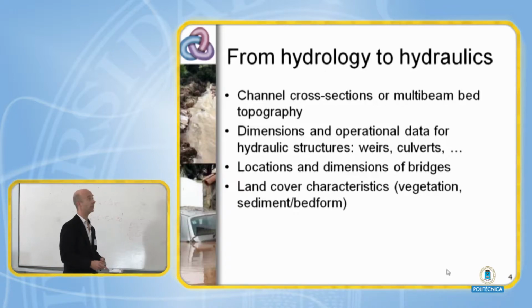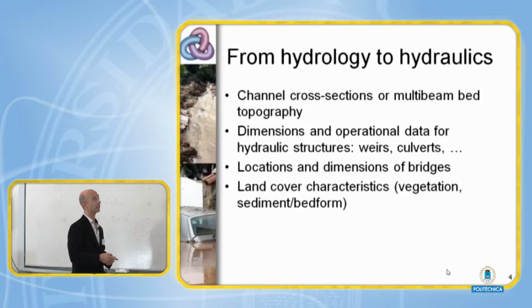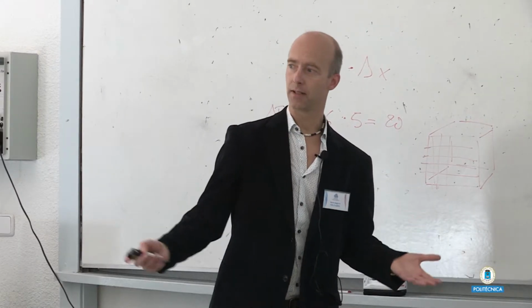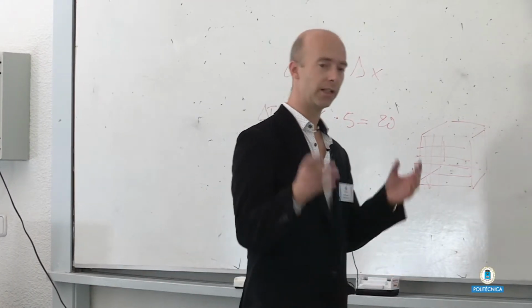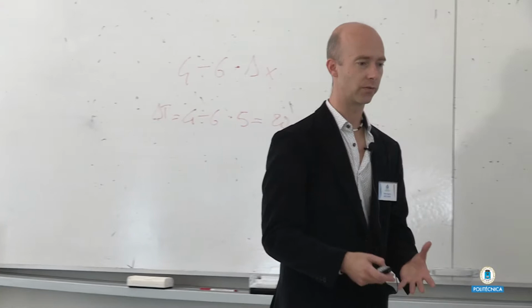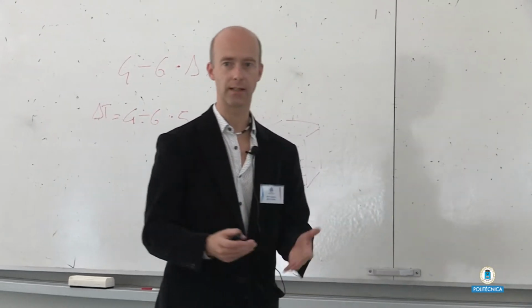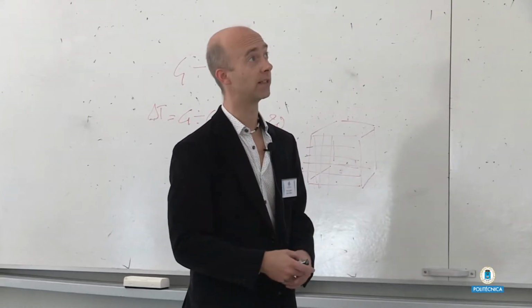In this case, we focus on the rivers and creeks. We need some geometry for the rivers itself. So rather than using a large-scale DEM, digital elevation model, we need to focus on what's the geometry of the river and the banks and possibly the floodplains.